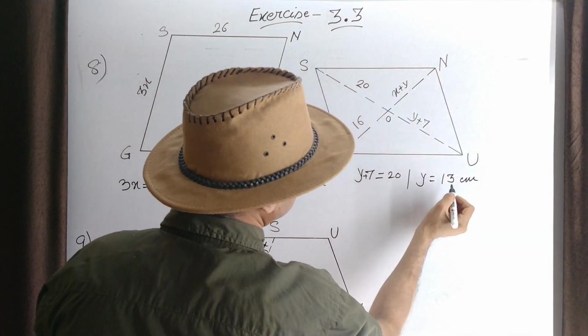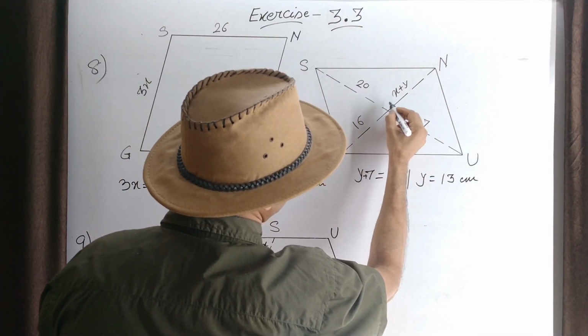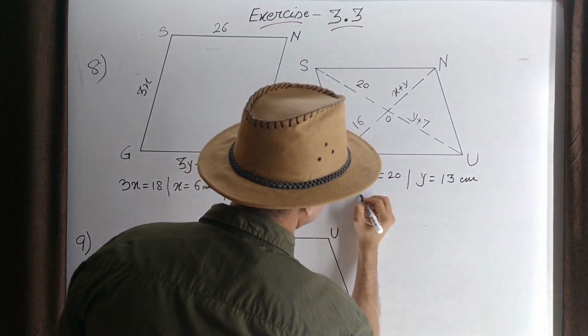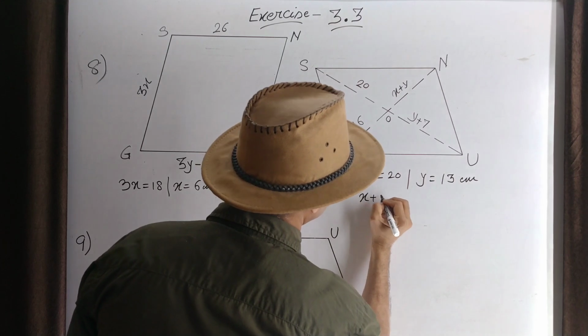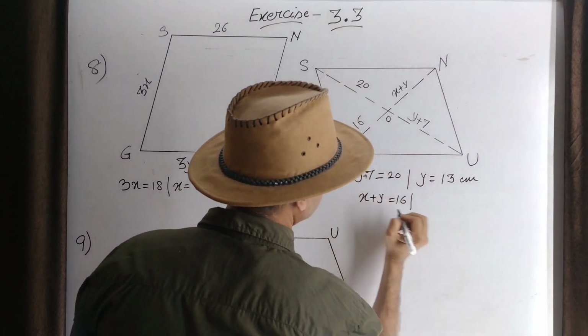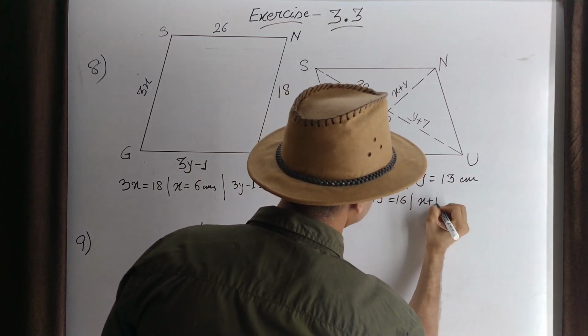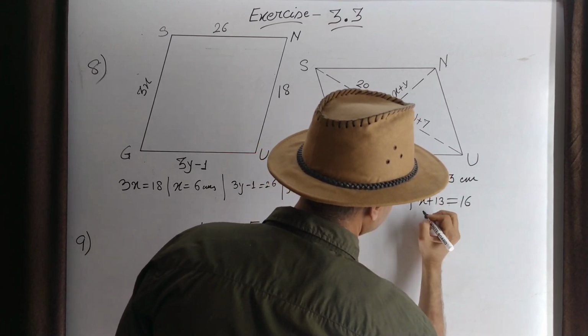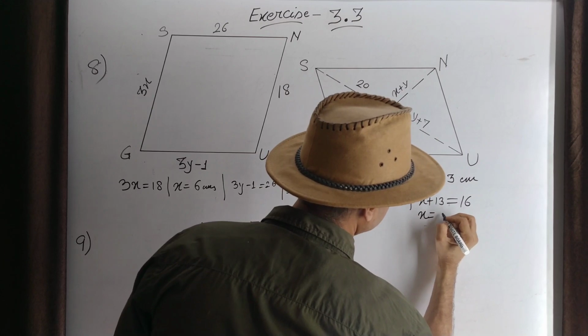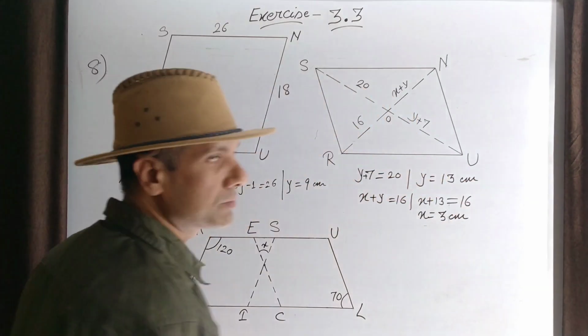If y is equal to 13 centimeters, then x plus y is equal to 16. That means x plus 13 is equal to 16. So x is equal to 16 minus 13, that is 3 centimeters. Clear?